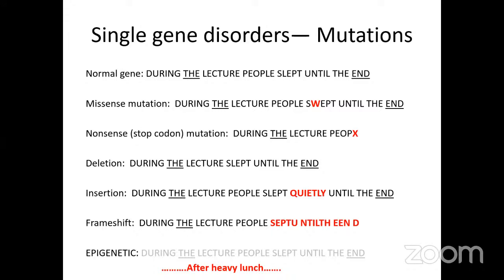So in epigenetic modification, the nucleotide sequence or codon sequence is unaltered. There is some external effect which makes the whole gene silent, through methylation or histone modification. There are various types, and we are going to discuss that in subsequent slides. So these are the common mutations we see in single gene disorders.